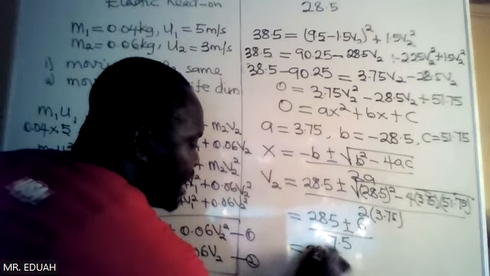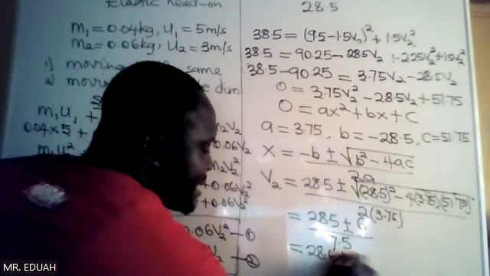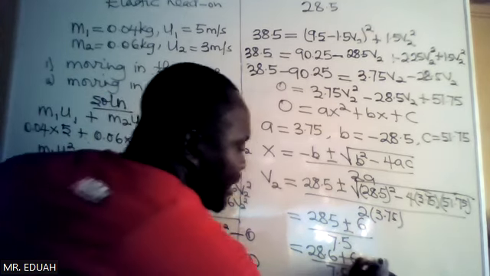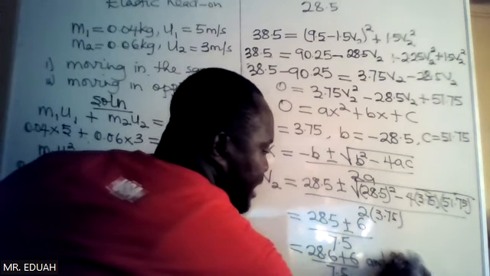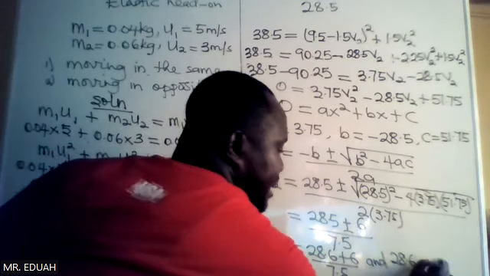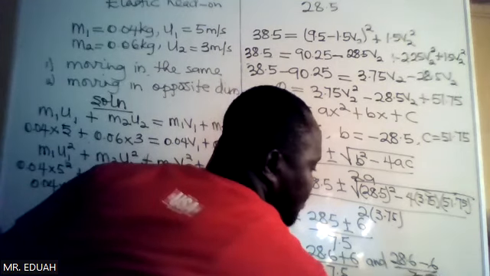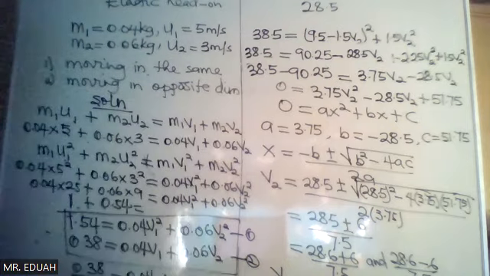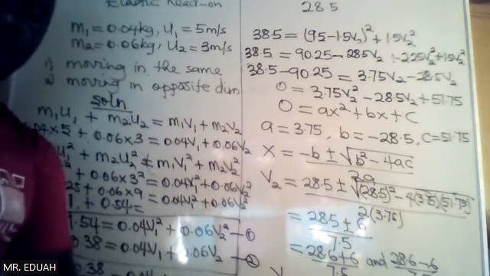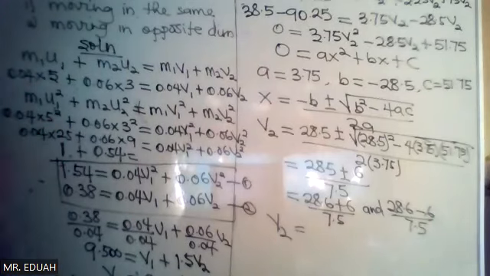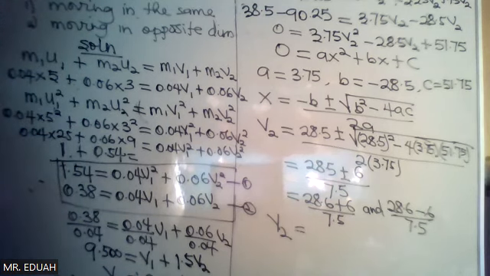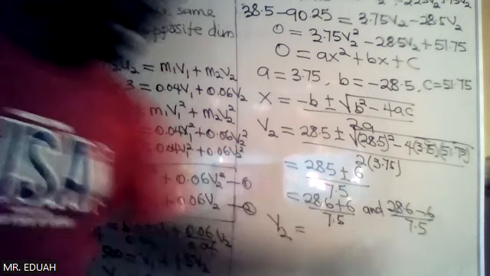One will be 28.5 plus 6 over 7.5 and the other 28.5 minus 6 over 7.5. Give me the first one. What is the first answer? Somebody should work on the second answer.